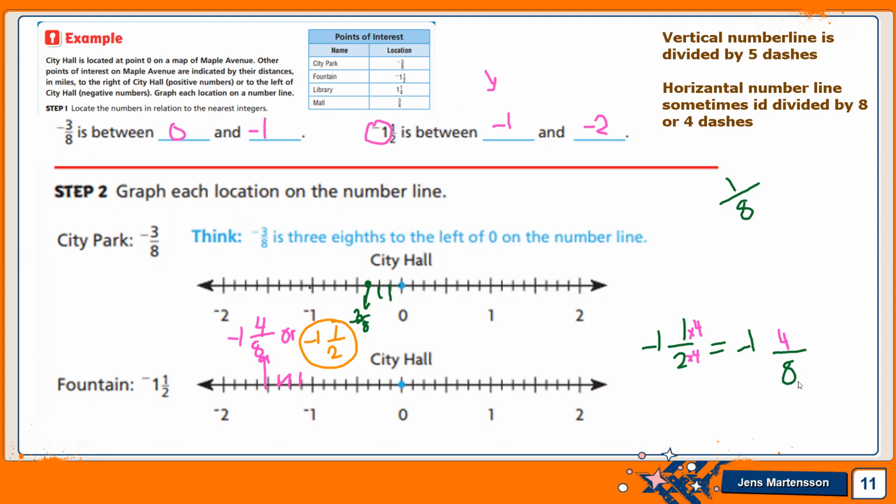How can I make 2 to be 8? I'll multiply both the numerator and the denominator by 4. So -1 and a half is equivalent to -1 and 4/8. It must be by 8 because we are counting by 1/8. That's why I ask you to make it as something over 8.